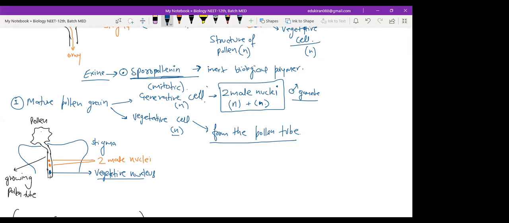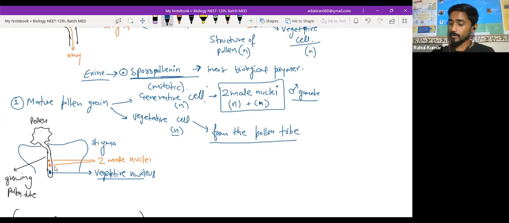Now a question has come in the entrance exam. It makes it tricky. The question was, the two leading nuclei in a pollen tube are. Now everyone gets confused. No, there should be three nuclei in a pollen tube, correct? Two male nuclei and one vegetative nucleus. So the total nuclei in a pollen tube becomes 3. But the question asks for the two leading nuclei.